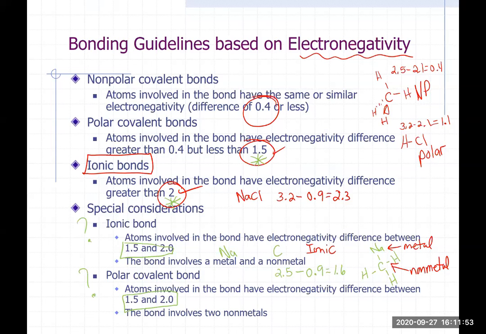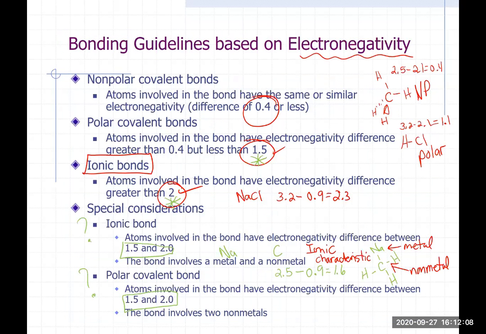It's very close to a polar covalent, but it has ionic characteristics associated with it. It's very close to a polar covalent because we're talking about 1.6, which is very close to the 1.5.